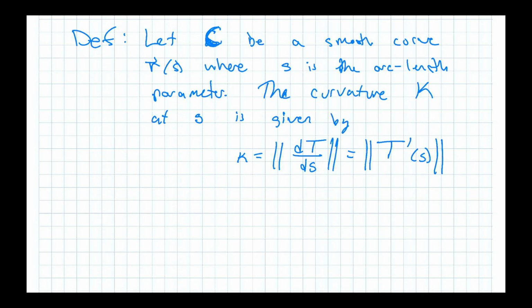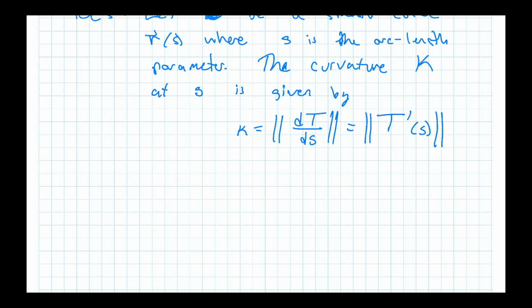Okay, great. What's the T though, right? So you have to remember that T of s, I'll write it in terms of s actually, the way you get that is it's r prime of s over the magnitude of r prime of s, right?